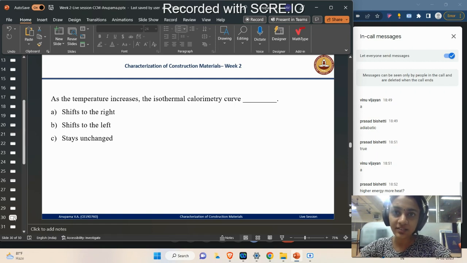Suppose in the first case we use one mix which is tested at 50 degrees Celsius, and in the second case the same mix is tested at 75 degrees Celsius. Will there be a change in the isothermal calorimetry curve? Option A says that yes, there will be a change and the curve shifts to the right. Option B says that yes, there is a change but the curve shifts to the left. Option C says that there's no change.